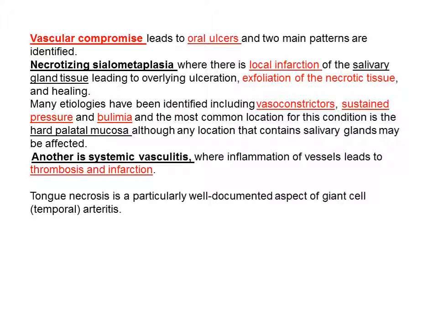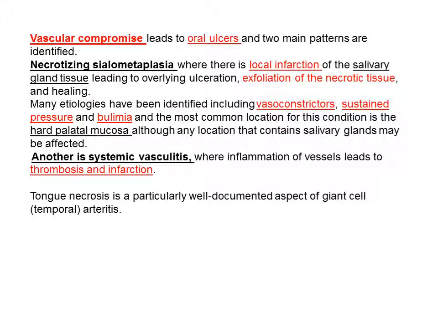Many etiologies have been identified, including vasoconstriction, sustained pressure, and bulimia, and the most common location of these conditions is the hard palate, although the location may contain any minor salivary gland in the oral cavity.